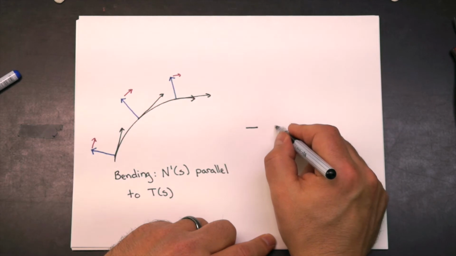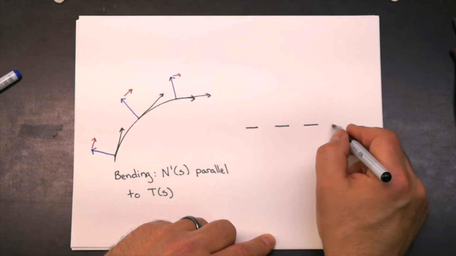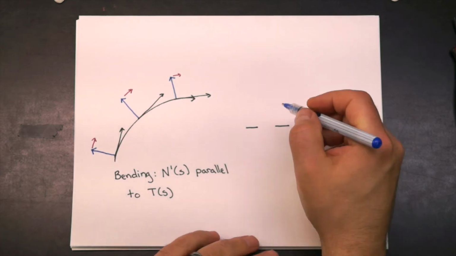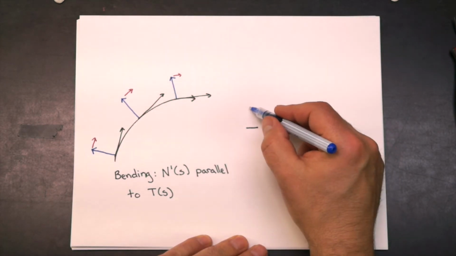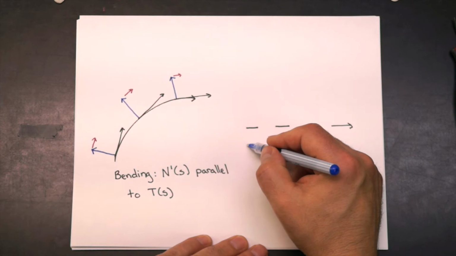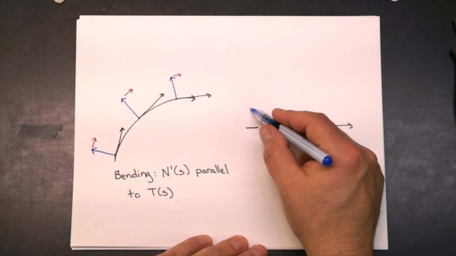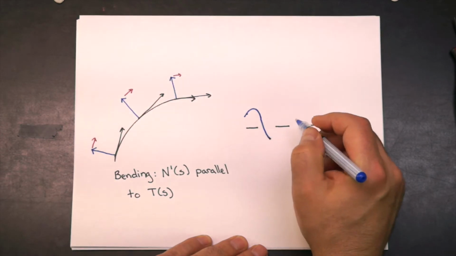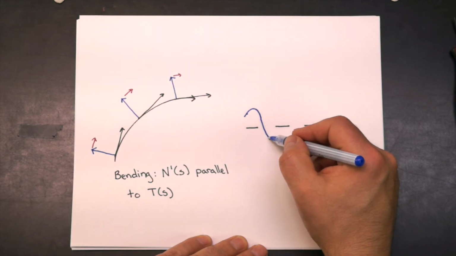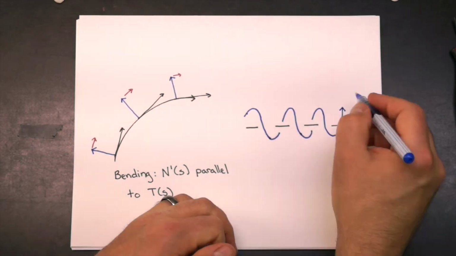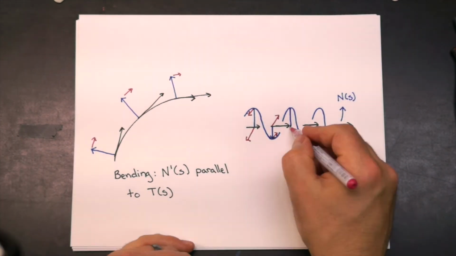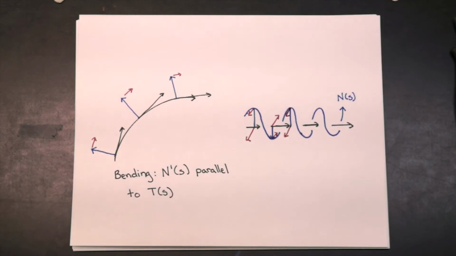But let's consider another situation, which it'll take me a moment longer to draw. There's our curve, alpha of t. But now, let's imagine the frame vector moving around the curve rather than just bending with it. It's magic.